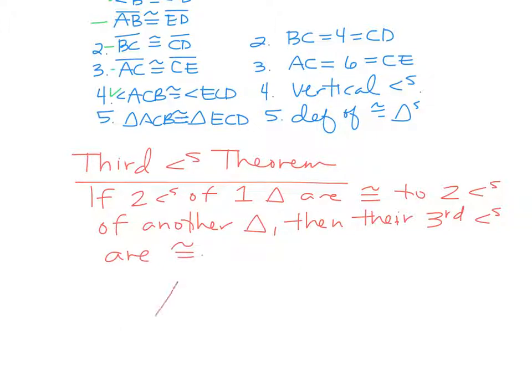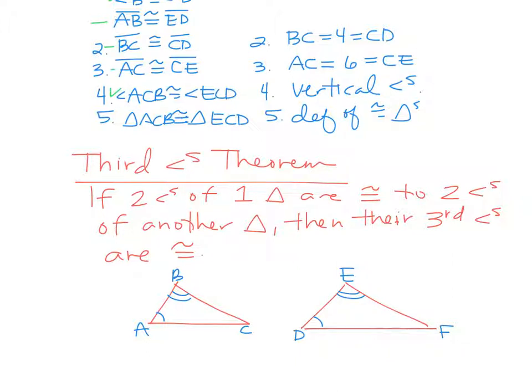Okay, here's what I mean by that. Let's say I have these 2 triangles. Basically, I'm saying if this is ABC and DEF, if A is congruent to D and B is congruent to E, then by the third angles theorem, I know that angle C is congruent to angle F. Anyone know why we know that?